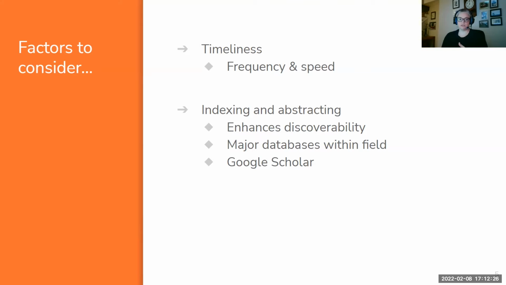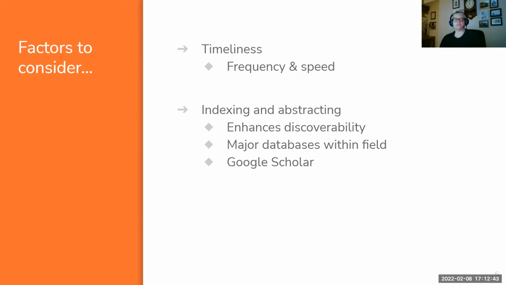So if I'm going to publish in a certain journal, it's about visibility and how easily it is discovered. That's what I mean by enhancing discoverability.